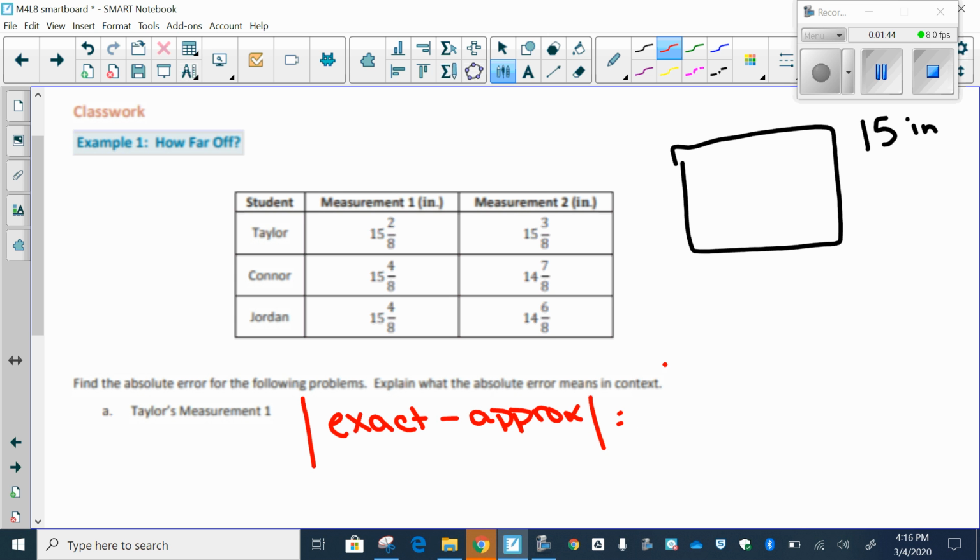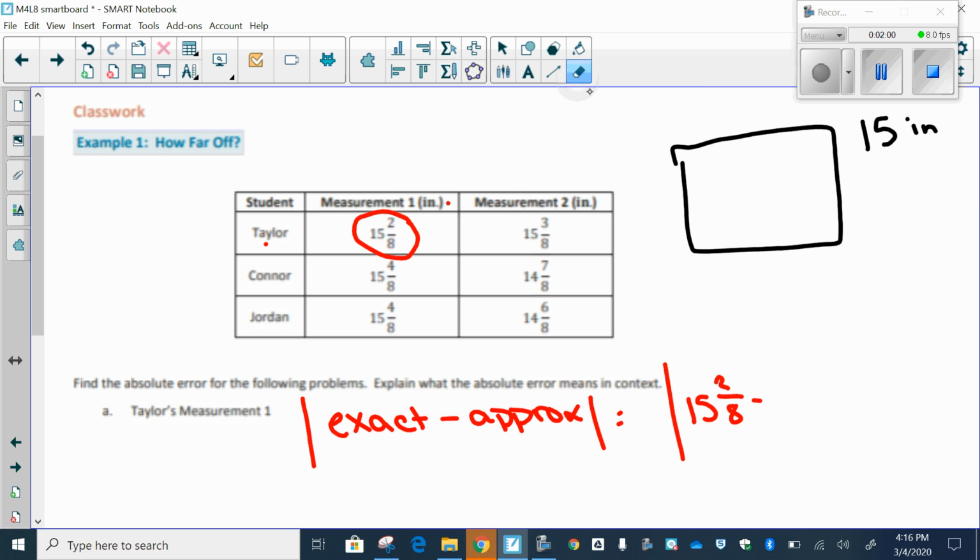So that means the absolute error, Taylor's measurement 1. Taylor, measurement 1. It's 15 2/8. Let me back up. The exact measurement, we are told, is 15 inches. The exact measurement is 15 inches.